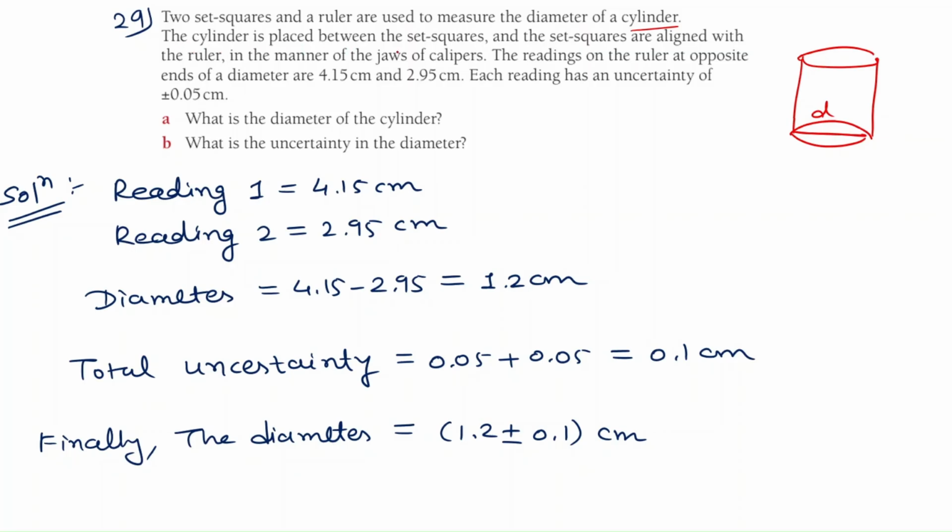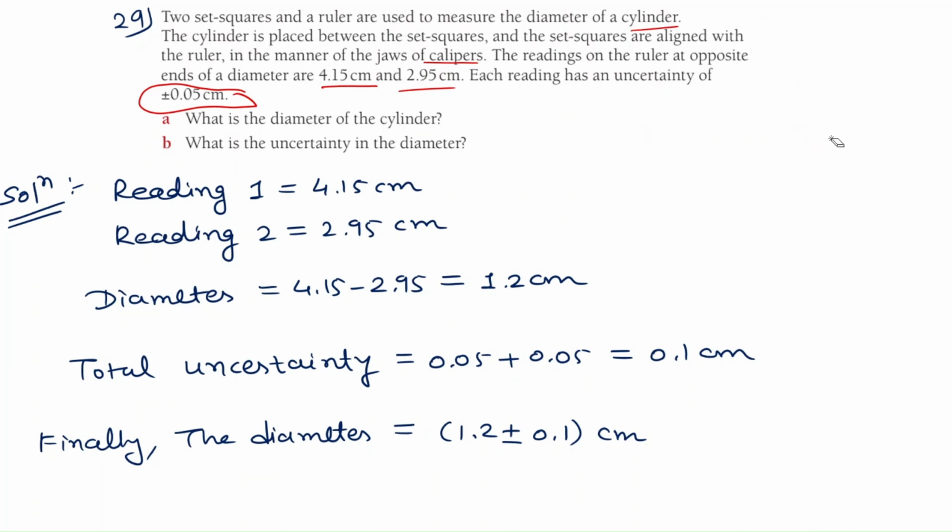The cylinder is placed between the set squares, and the set squares are aligned with the ruler in the manner of the jaws of calipers. The readings of the ruler at opposite ends of the diameter are these values. Again, we have uncertainty, so we have to find the diameter and the uncertainty.